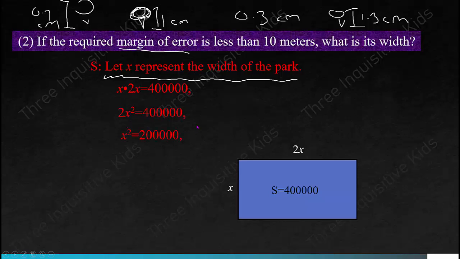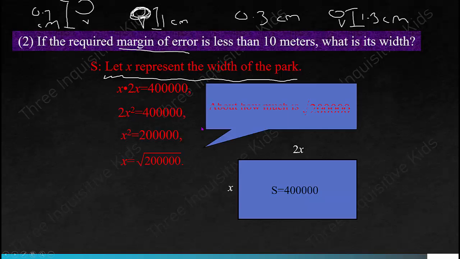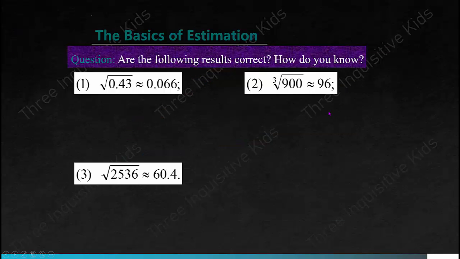If we divide both sides by 2, x squared is equal to 200,000. So x is equal to the square root of 200,000. So about how much is that though?